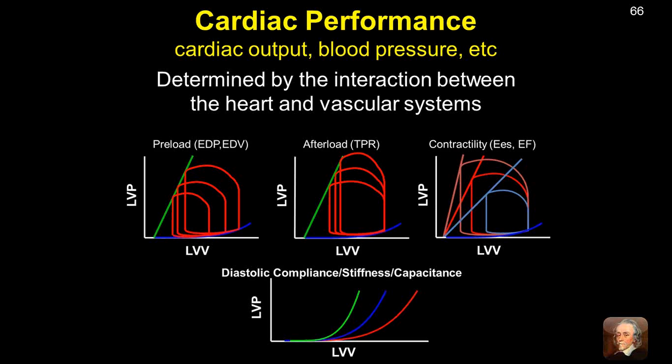That is a very quick run-through of the basic aspects that one needs to become familiar with, to launch into the next level of understanding, which is to really understand the actual quantitative determinants of cardiac output and blood pressure. We need to know how to think about and quantify preload, afterload, and contractility. And we also need to know the same thing for active and passive aspects of relaxation and diastole.